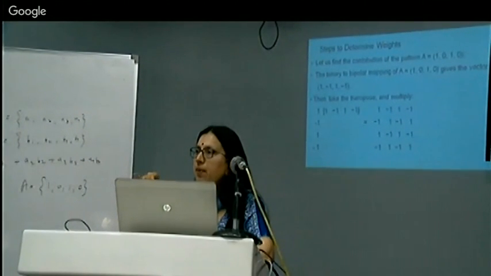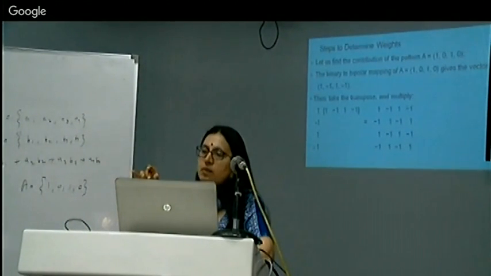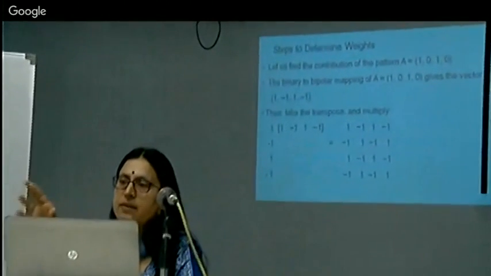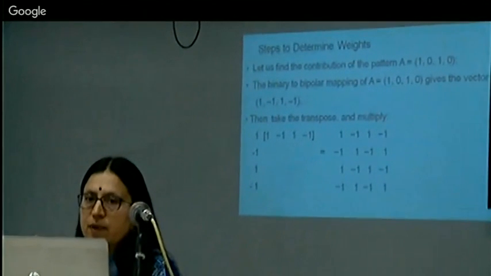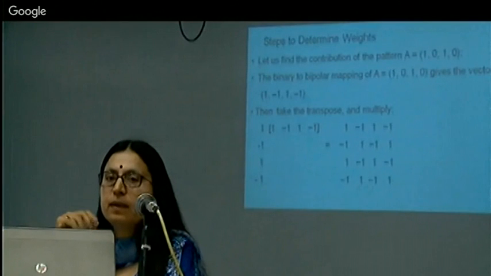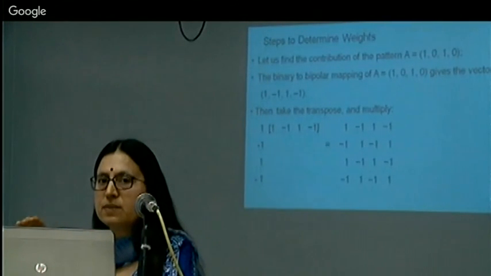A bipolar vector means that plus and minus values are both there, and zeros would be converted to -1. So the bipolar vector for 1 0 1 0 would be 1, -1, 1, -1.